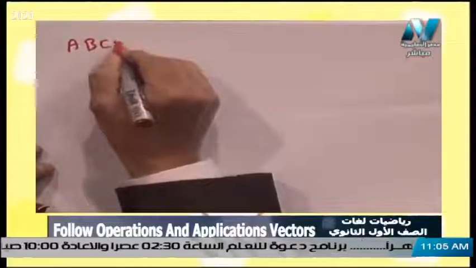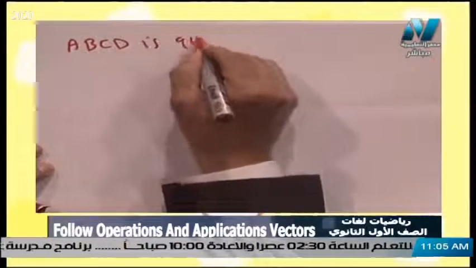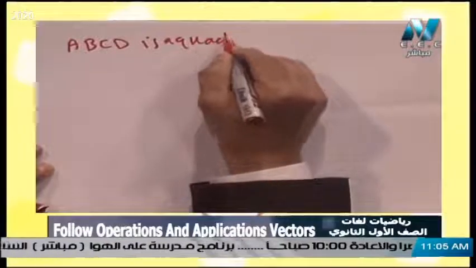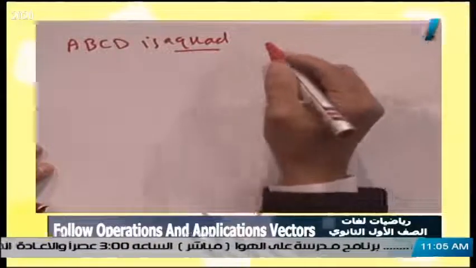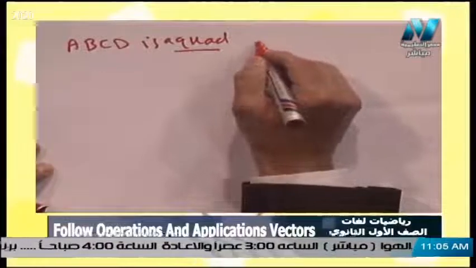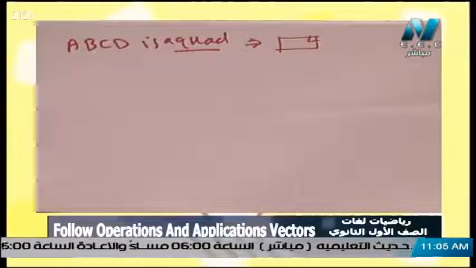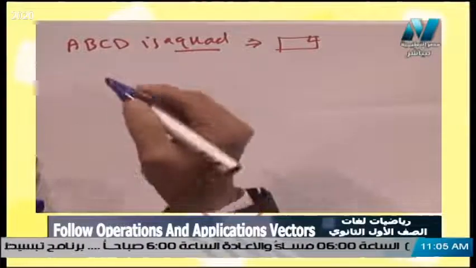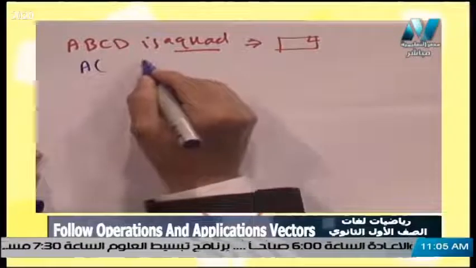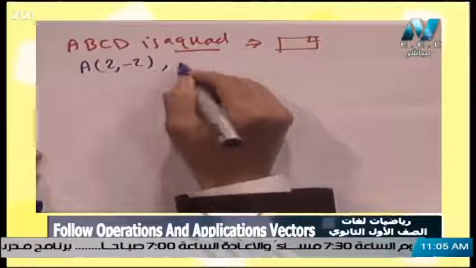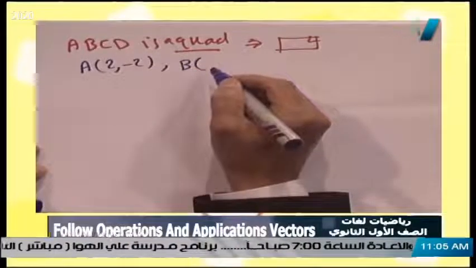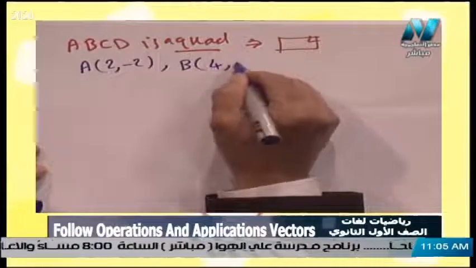We have ABCD here, a quad, and the request is to prove that this quad is a rectangle, and we have the points in a lattice or coordinates. The point A will be 2 and negative 2. The point B will be 4 and negative 2.